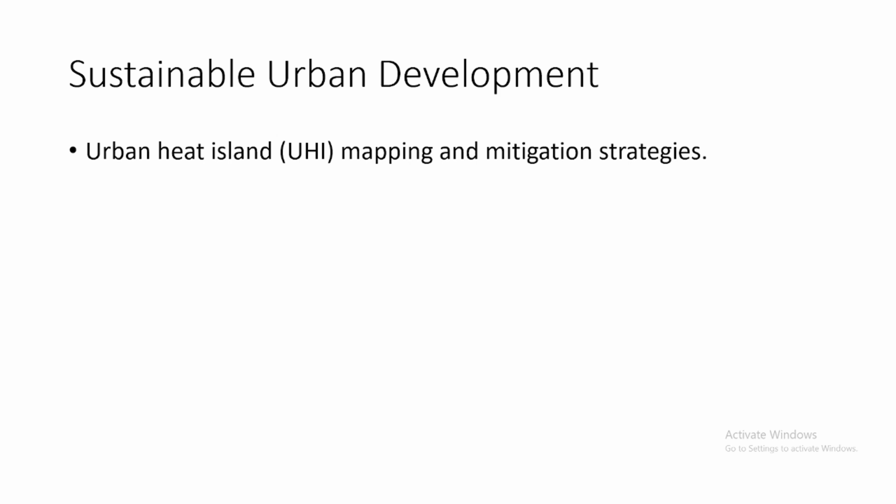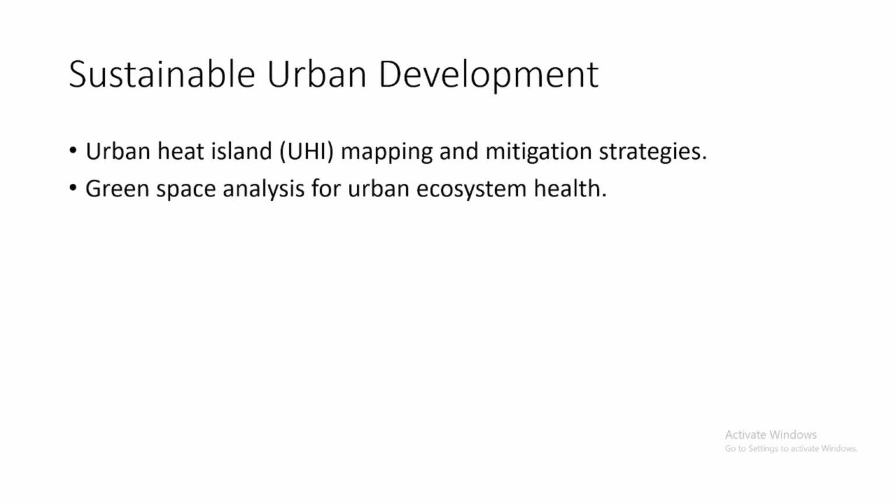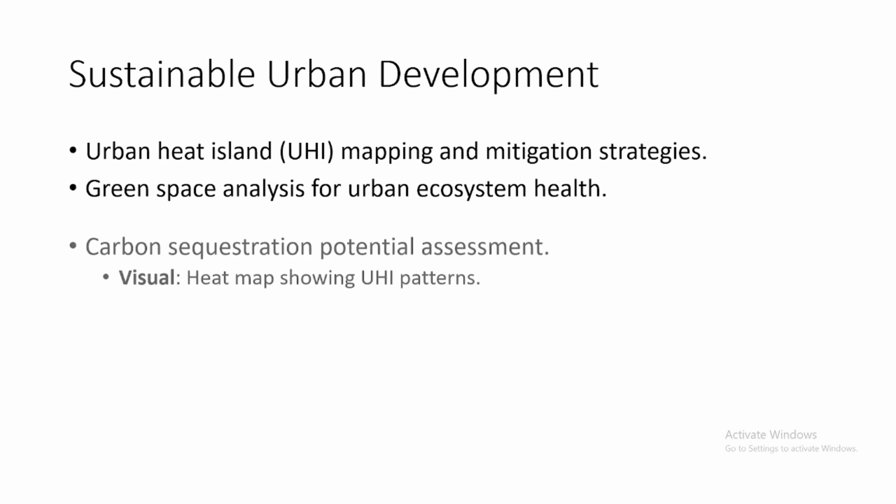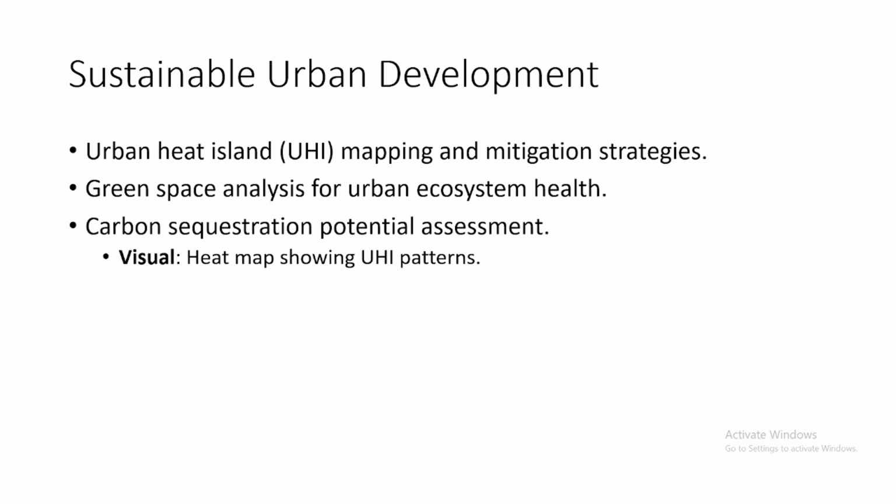If you identify in your cities where an urban heat island exists, then you can take some steps to mitigate it. You can also do green space analysis, mainly urban green space analysis for urban ecosystem health. This is another approach for sustainable urban development, as well as carbon sequestration potential assessment.